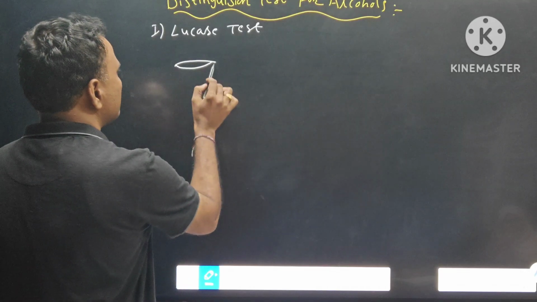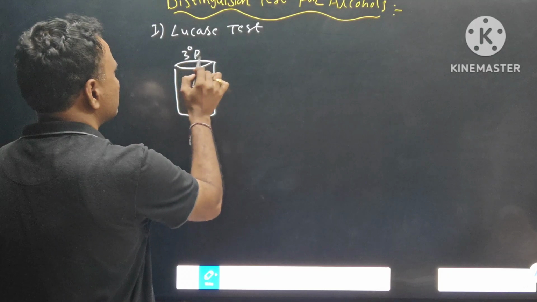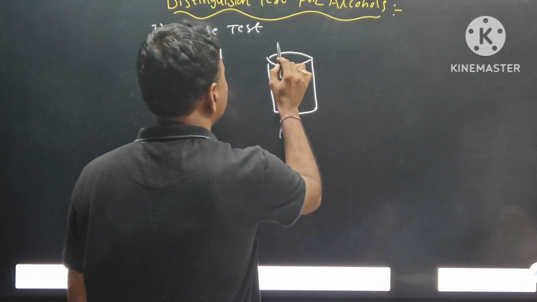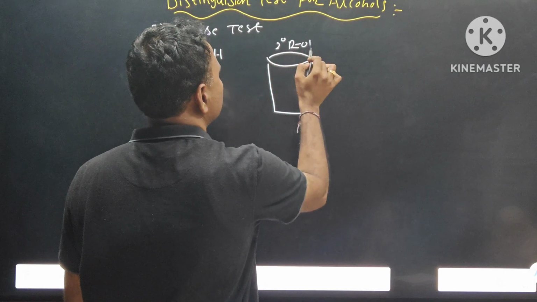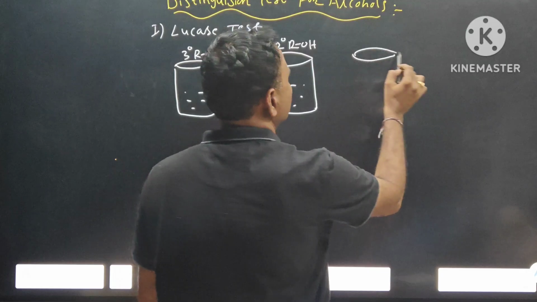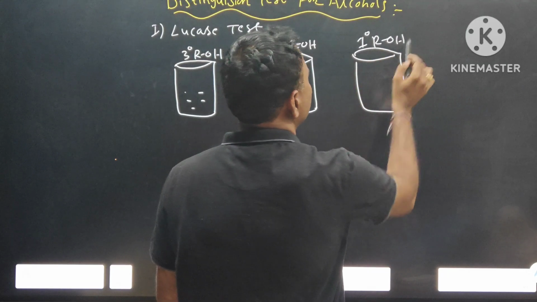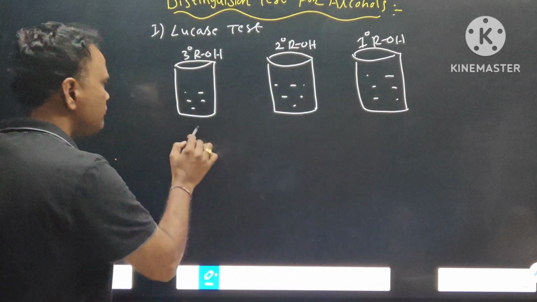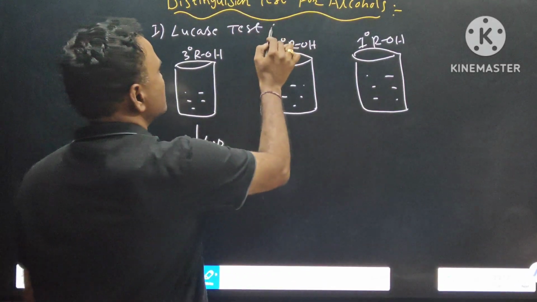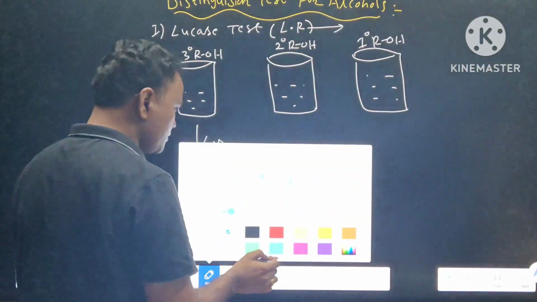Let us take 3-degree alcohol in a beaker, 2-degree alcohol, and 1-degree alcohol. When we add LR, which stands for Lucas reagent, see, in the Lucas test we use Lucas reagent. What is Lucas reagent?